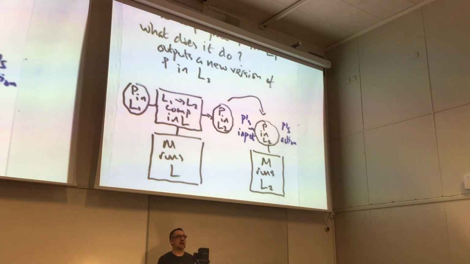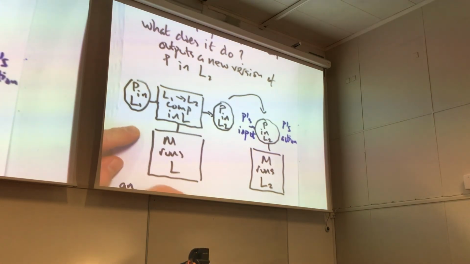So, an assembler is a special case of a compiler, where the input language is assembly language and the output language is machine code. So assemblers are special cases of compilers.